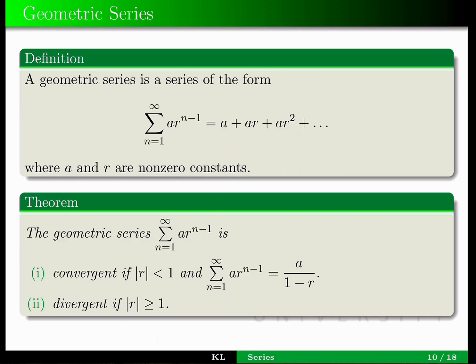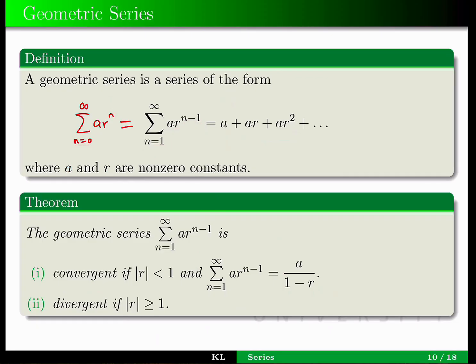Now, there will be some other forms of this series. Sometimes we will write this as the series ar to the n, but your n is starting from 0. Take note, n equals 1, the exponent of r is n minus 1. So if the exponent is n, then the series must start from n equals 0.